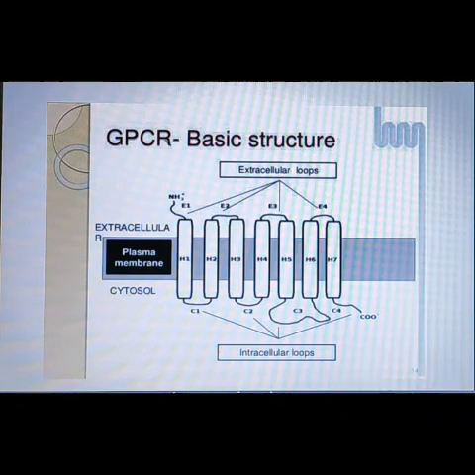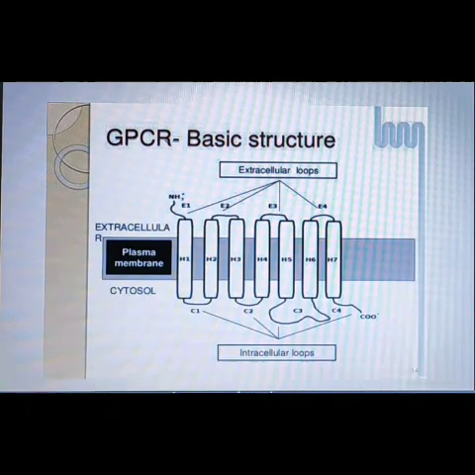On the upper side are the extracellular loops E1, E2, E3 and E4, and on the inside are the intracellular loops C1, C2, C3 and C4.